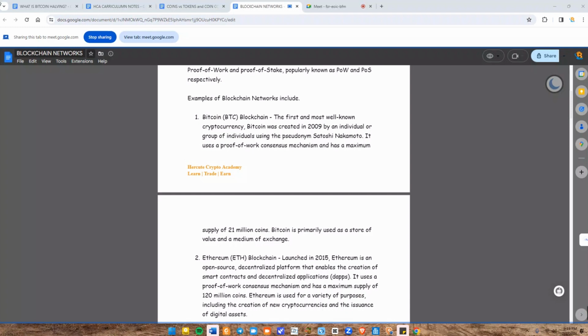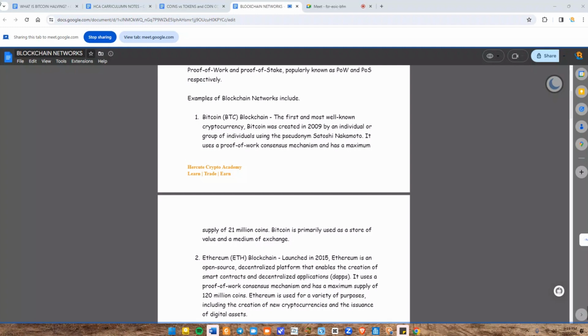It uses a proof of work consensus mechanism, and a consensus mechanism is basically an agreement that has been coded on how this is going to be run. Now, proof of work is what the mining machines do, okay? Completing mathematical problems or mathematical algorithms to confirm a transaction.